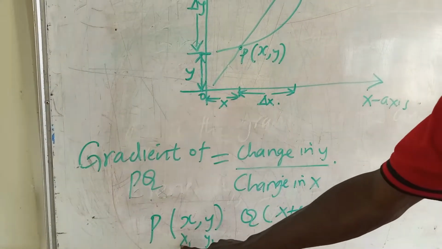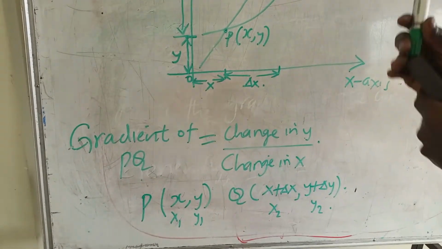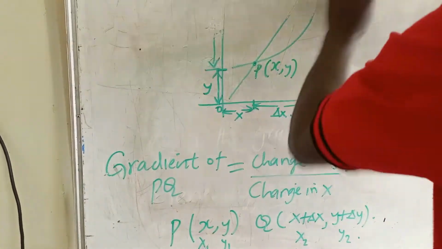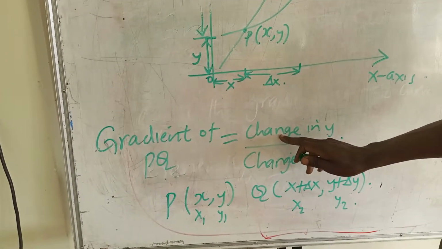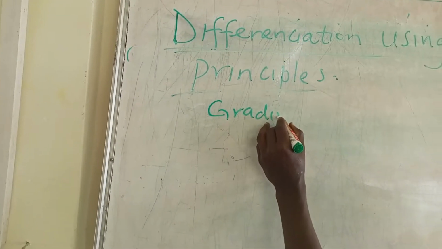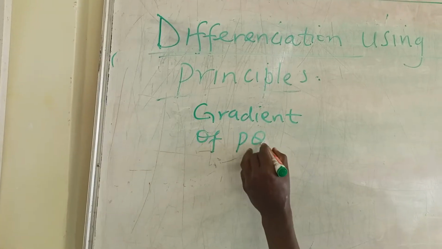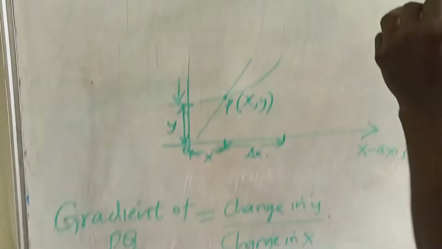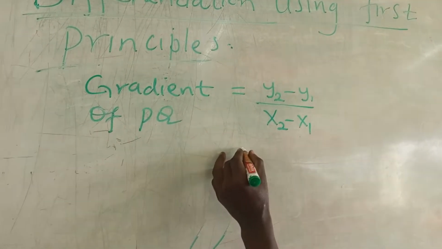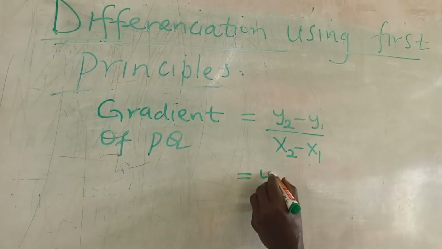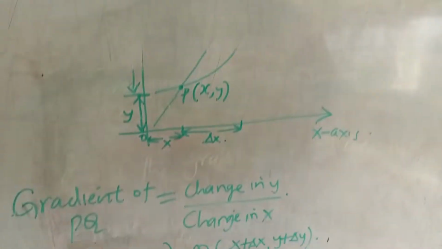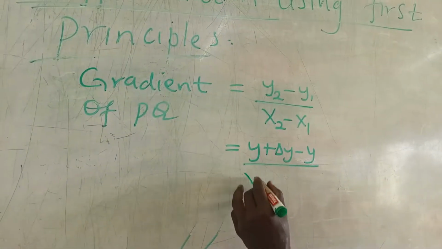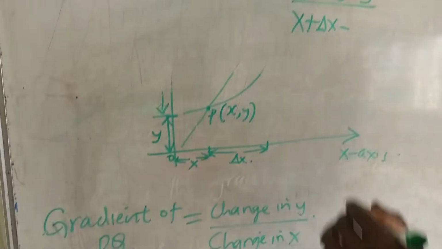From that point, I will substitute into my formula, which is gradient of PQ is equal to y2 minus y1 divided by x2 minus x1. y2 is y plus change in y, minus y1, which is y, divided by x2, which is x plus change in x, minus x1, which is x.